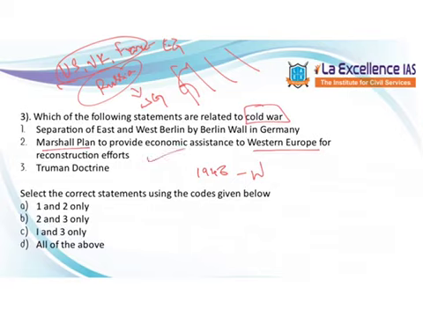Next is the Truman Doctrine. Truman, being a capitalist, did not want communist governments to take over. He said that wherever there is poverty, communist ideologies or propaganda will get promoted. Therefore, maximum support has to be given to poverty-ridden or war-torn areas, so that communist governments would not occupy the place. So the answer is all of the above.